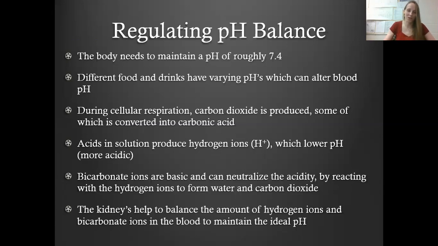And we need to make sure that carbonic acid doesn't lower our blood pH too much. So the kidney helps to balance the amount of hydrogen ions and bicarbonate ions in our blood to maintain an ideal pH.